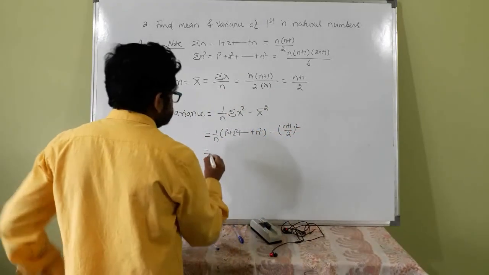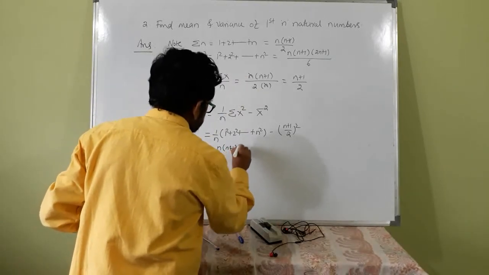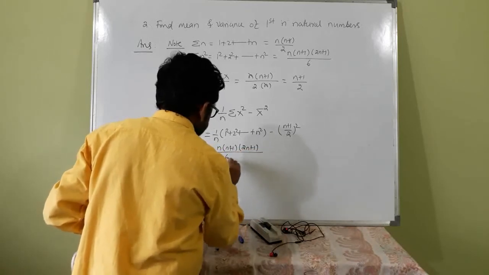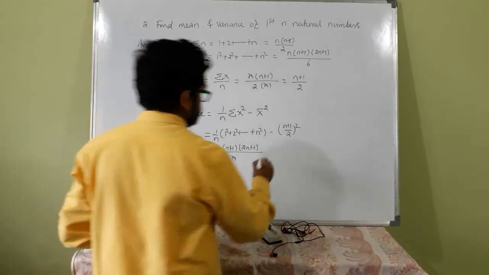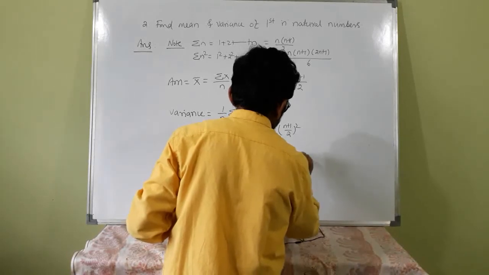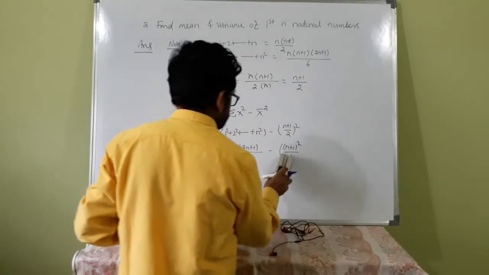Okay, this is n into n plus 1 into 2n plus 1 divided by 6 into n. So n gets cancelled, minus n plus 1 whole square divided by 4.